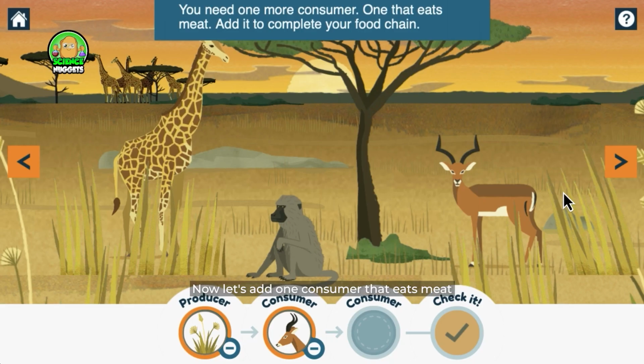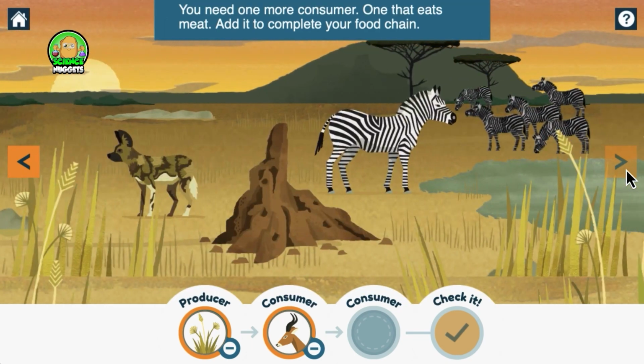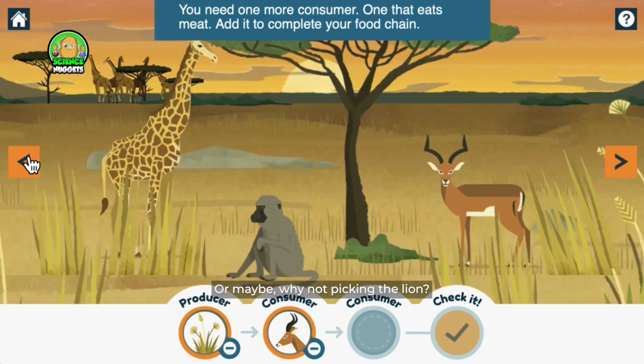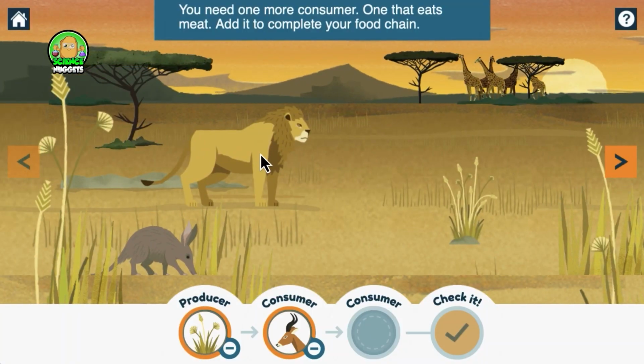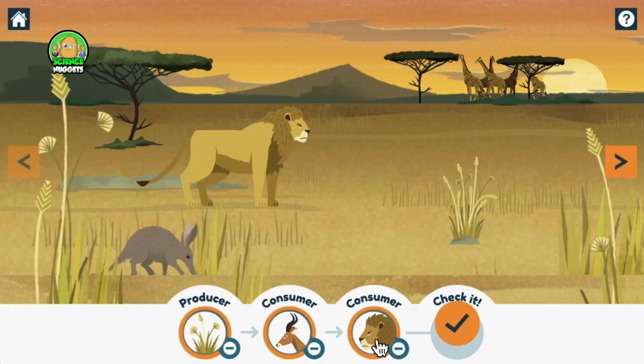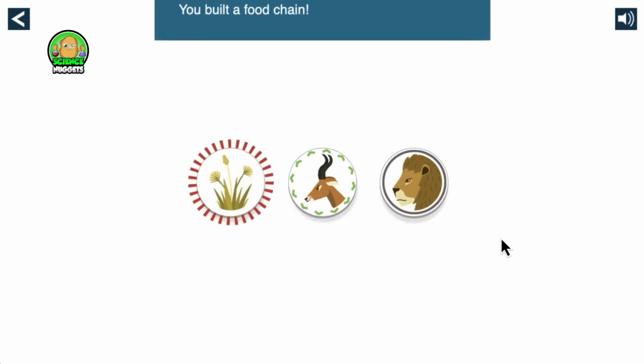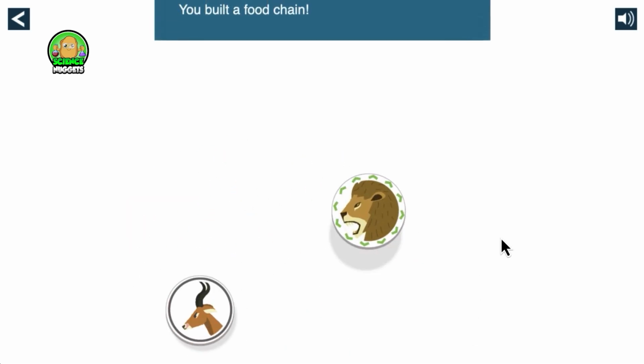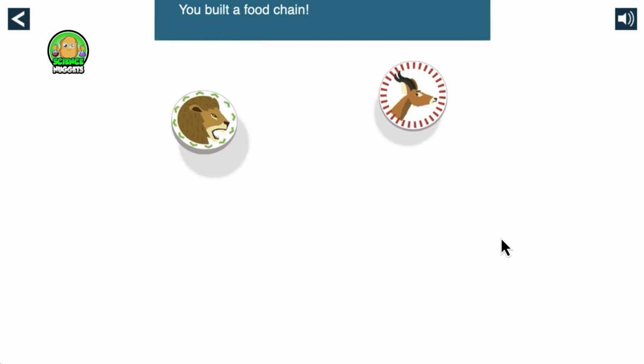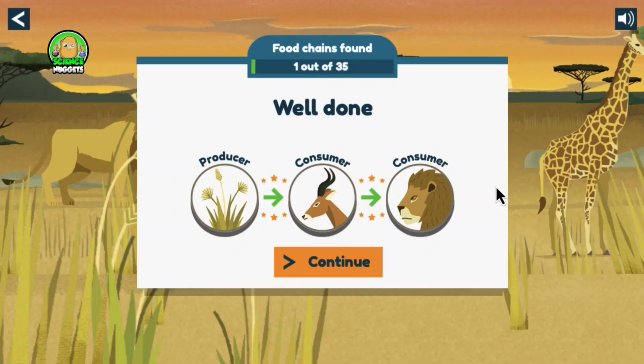Now let's add one consumer that eats meat to complete the food chain. Is it here? Or maybe why not pick the lion? We built our first food chain.